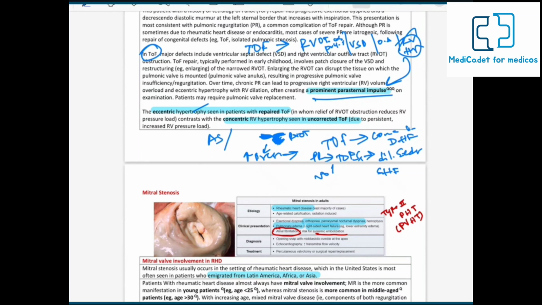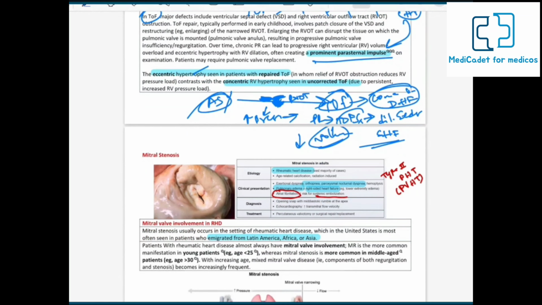The reason? It is the volume overload. The regurgitated blood is a volume, so it's volume overload. It's clear, right? TOF itself is like AS, so it causes concentric hypertrophy, and if it's a regurgitation problem, then it causes eccentric hypertrophy, systolic dilated cardiomyopathy, all those things.